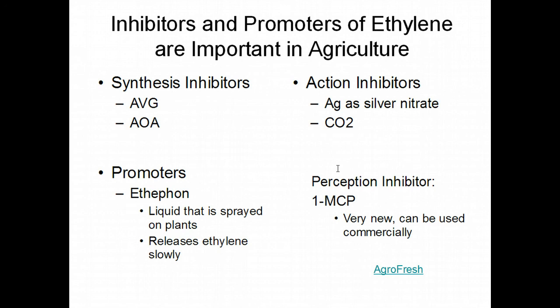That way you can make up a solution and spray it. And so they've been able to successfully treat apple trees. Otherwise, the only way you can use MCP, and it's used, is if you have a high-value plant, you can put it in an airtight environment, a growth chamber, and add MCP to the growth chamber. Okay.